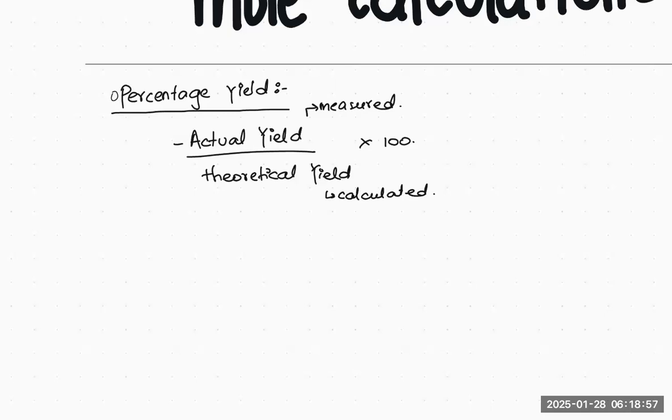Let's go ahead and take an example. For example, your question says we are heating 12.4 grams of copper carbonate in a crucible to produce 7 grams of copper oxide.